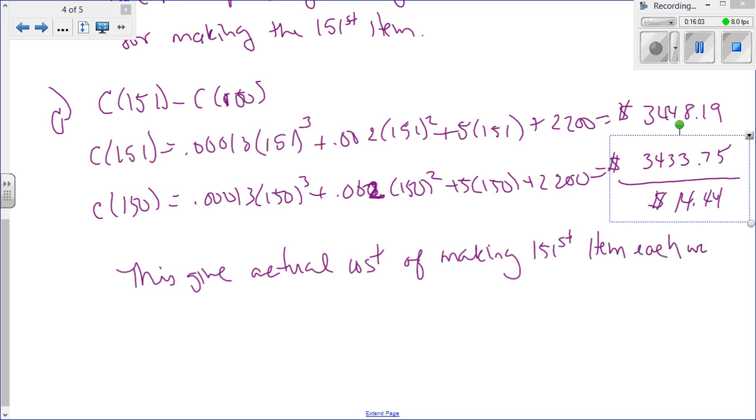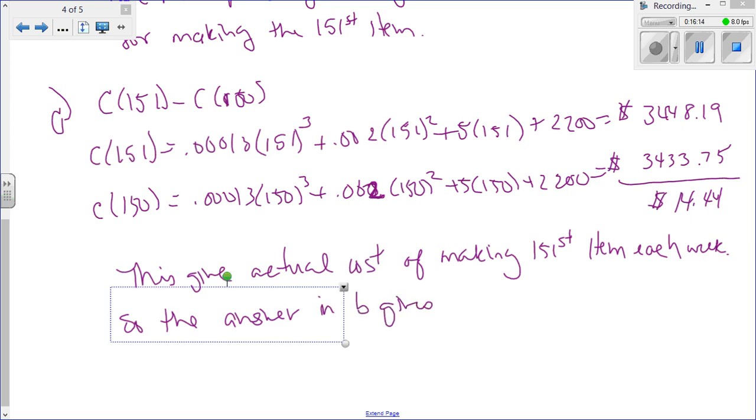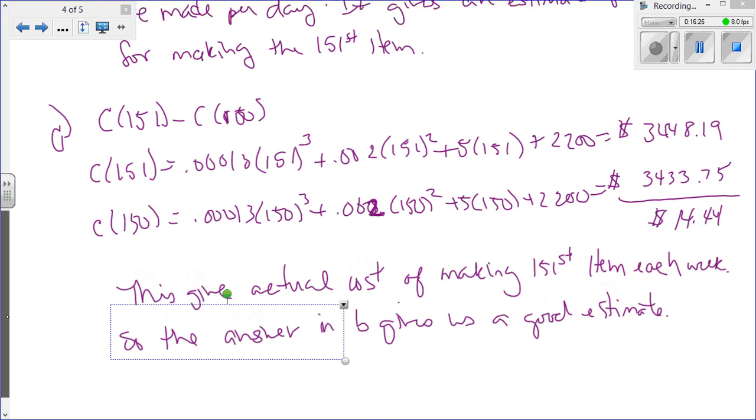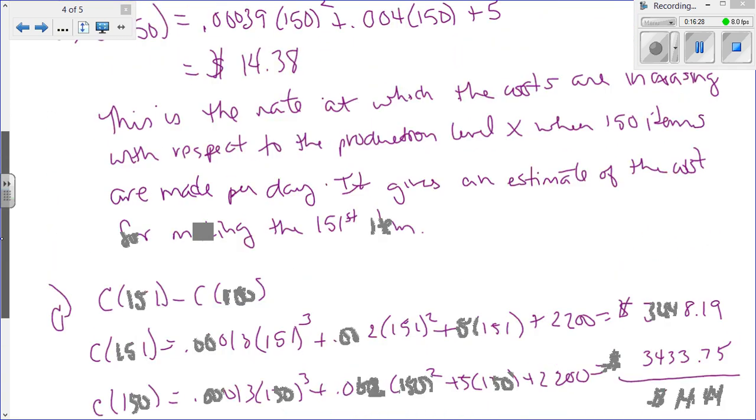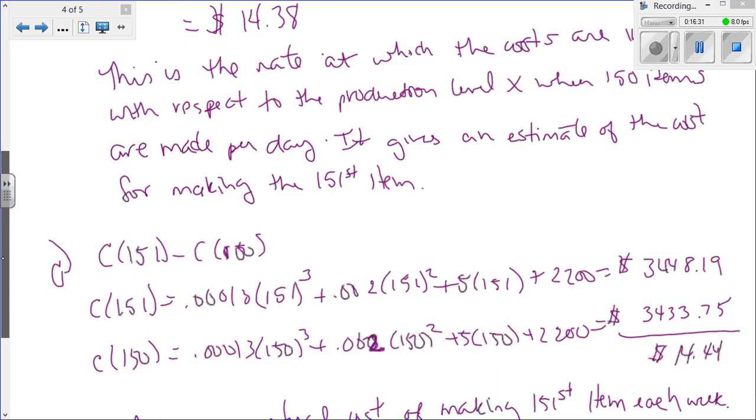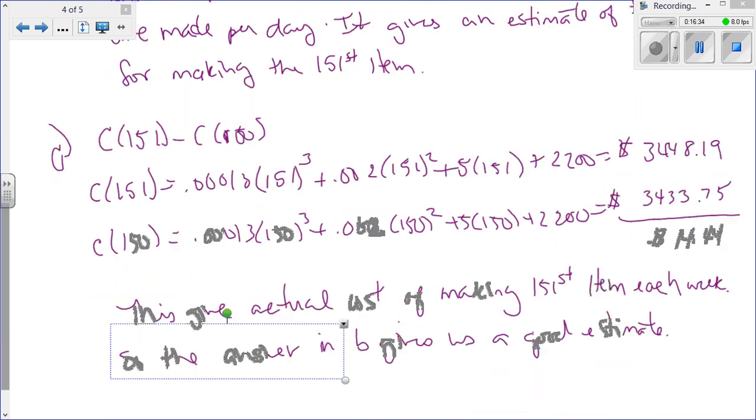So the answer in B gives us a good estimate. I mean, really, we have 14.44 and 14.38, so we are 6 cents different. That's pretty good when you're talking about just making your items here. All right, we are done.